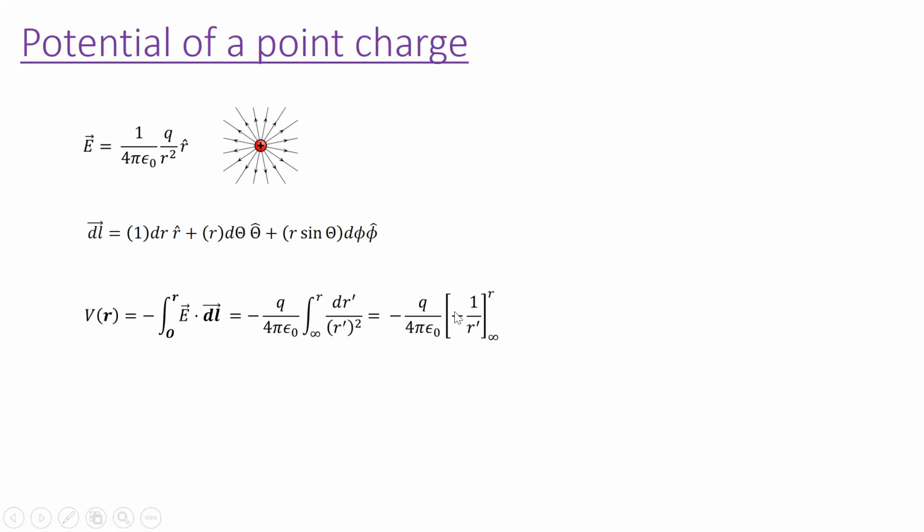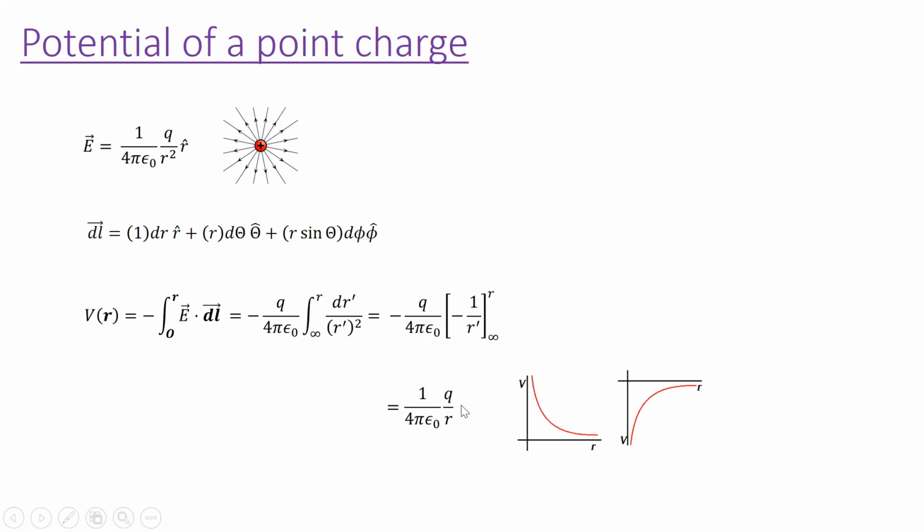Well, we have minus minus, so that just gives 1 over R, and then when we put infinity in here, we get 0, since 1 over infinity is 0. So we just get 1 over 4 pi epsilon naught Q over R, or KQ over R, which you may remember for the potential of a point charge from Physics 202. And it just looks like this.